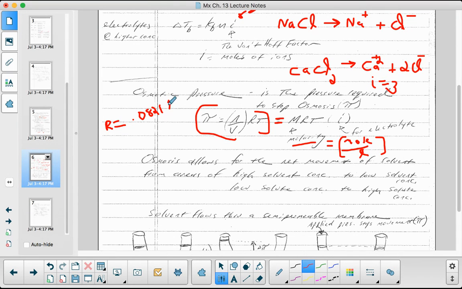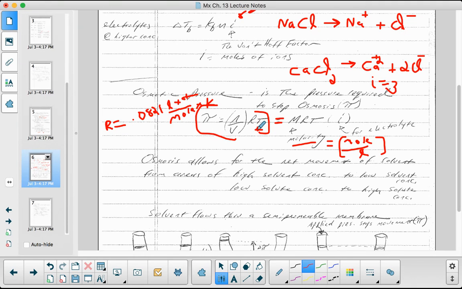The unit is liter atmosphere per mole Kelvin. And since that's the unit for this R, it's important that you always use the Kelvin temperature when you're doing this calculation.